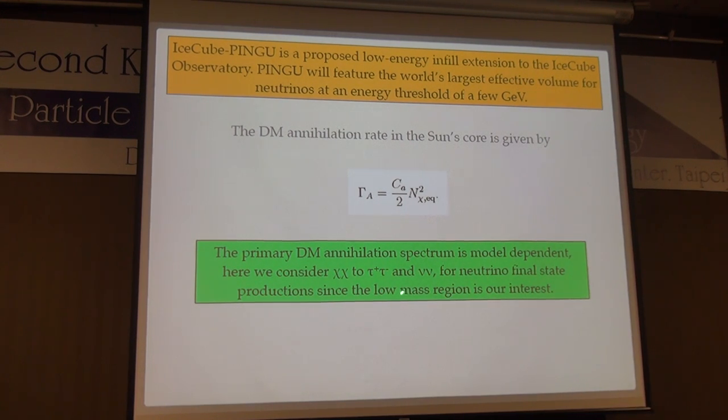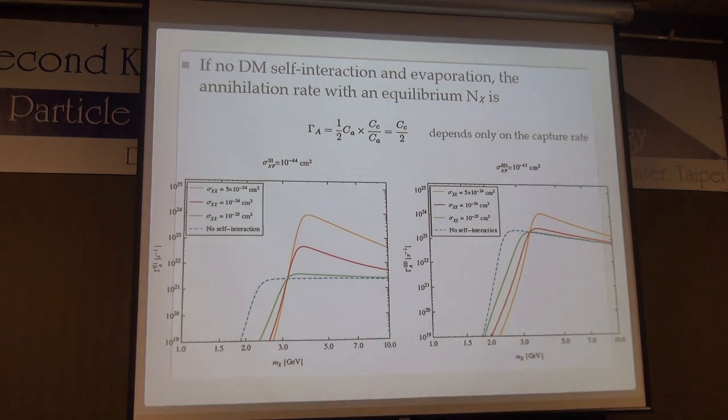We only consider these two channels. And this is annihilation. The annihilation is just N squared. So we have the dark matter number from before, and this is N squared times the annihilation rate.